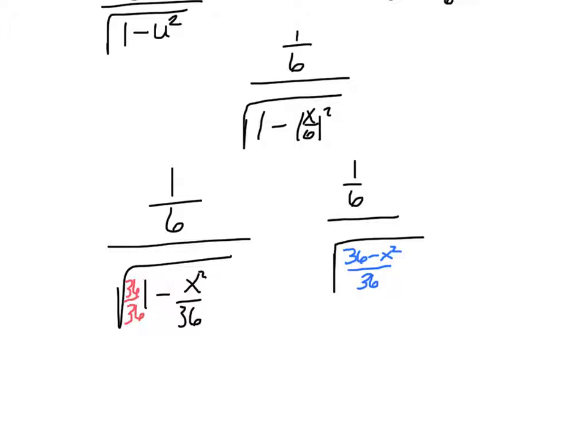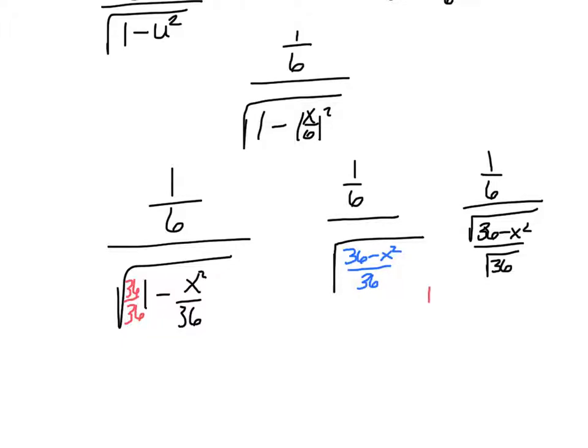Okay, so I just got a common denominator. Now here's the one rule that we love to make in algebra that's just completely wrong. You can't take the square root if there's a minus or plus sign. You cannot just call this 6 an x. It doesn't work that way. Okay? Only in multiplication can you take the square root of both. But what you can do is you can say this is really 1/6 over the square root of 36 minus x squared over the square root of 36. Okay, I can take that division and split it up.